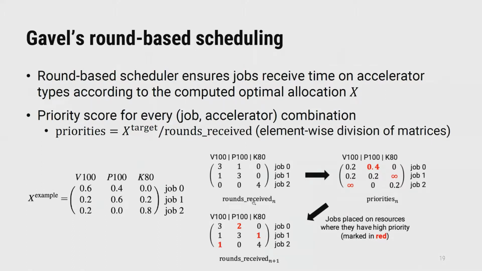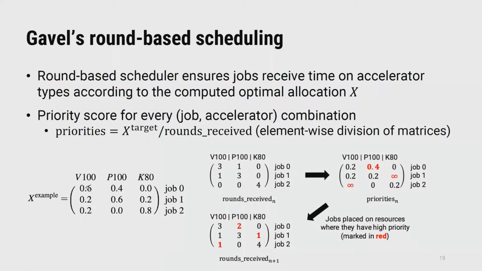So every execution is, again, similar to Gandiva's time sharing. I'm dividing the time into runs. And in each run, I will calculate how many runs this job has been running in the cluster. Job 0 has been run 3 times on V100, but only 1 run on P100.